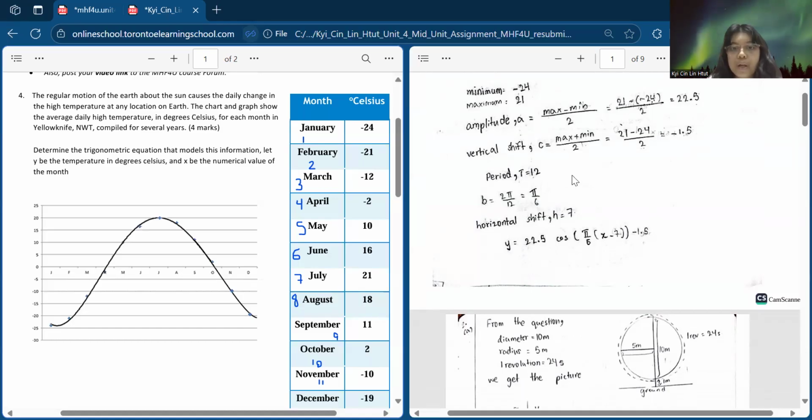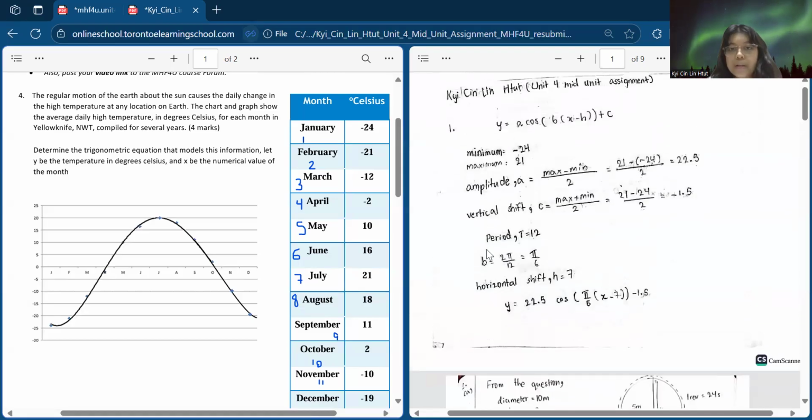So now I wrote period T equal to 12. But the reason why I wrote period T equal to 12 is that period means the time period before the cycle repeats again. And for this average temperature cycle to repeat, it will have to go through January all the way to December, which means it takes 12 months, which is why for the one cycle to repeat, period is 12.